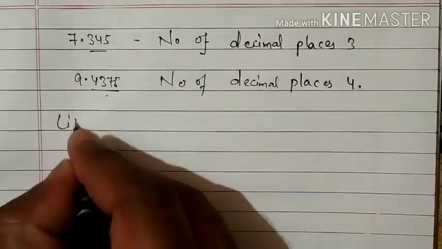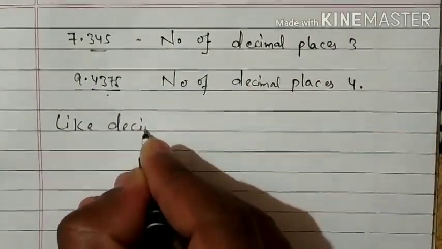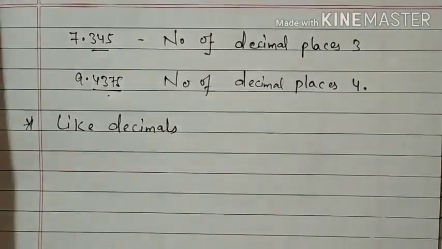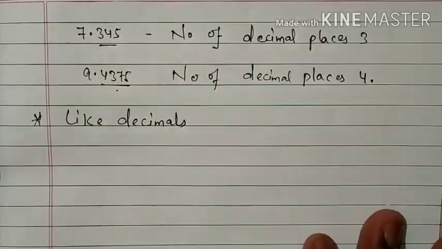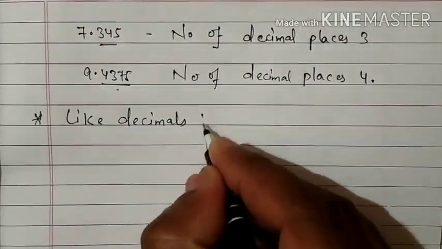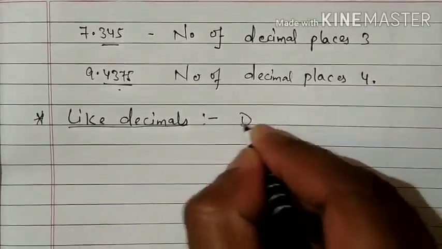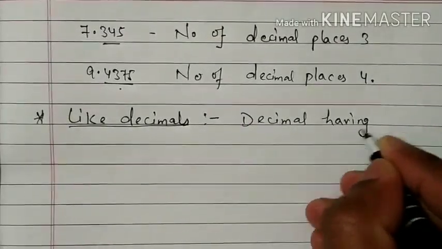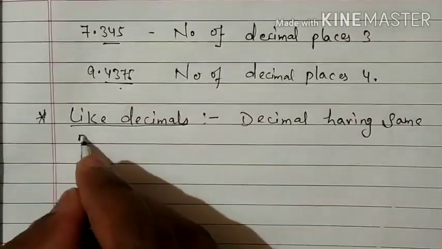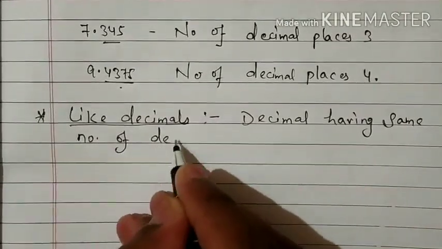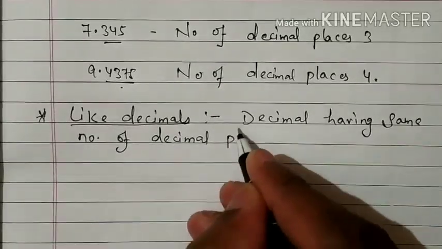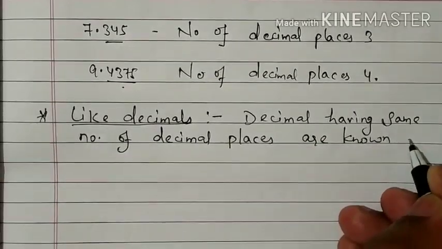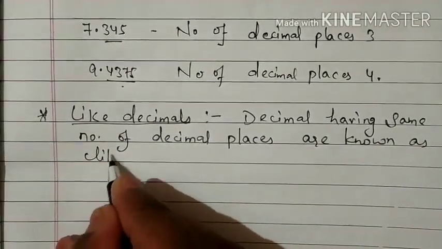Now we will start with like decimals. Decimals having the same number of decimal places are known as like decimals.